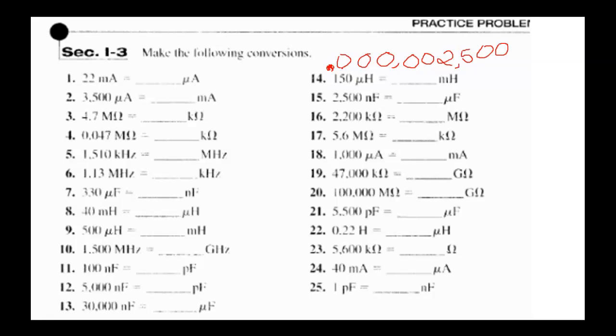Do y'all see how I did that? Did I pull a magic trick? So what you started out with was 2,500 nano. Nano is 10 to the negative 9. That means I moved my decimal 9 times in that direction. To get that number, I moved my decimal 9 times in this direction.